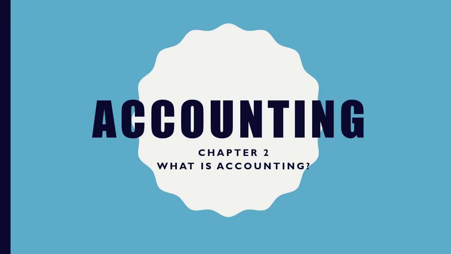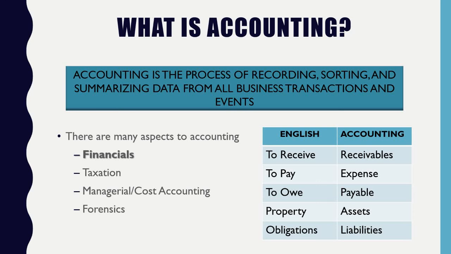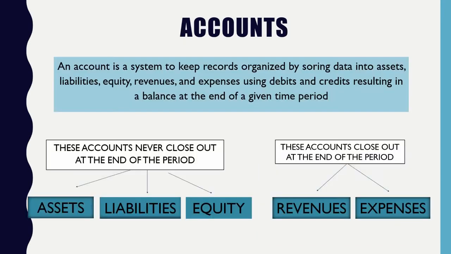So, once again, we took a look at what accounting is. You need to understand the definition. We know what the definition is: it's to record, sort, analyze and interpret financial information or a business transaction. We need to understand that there are a total of 5 account types.